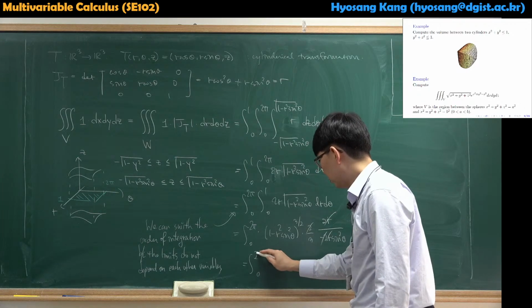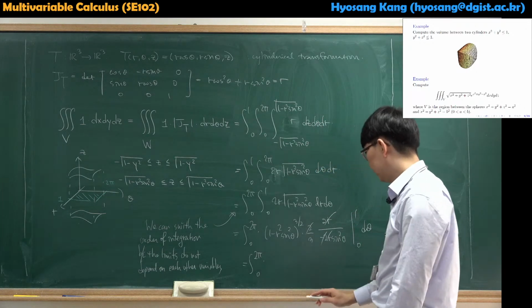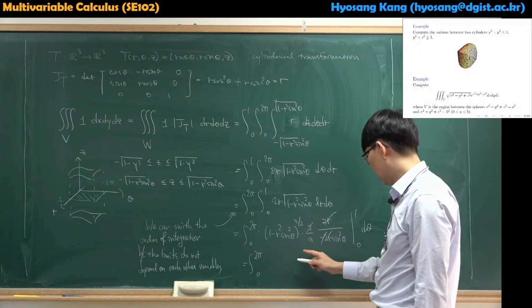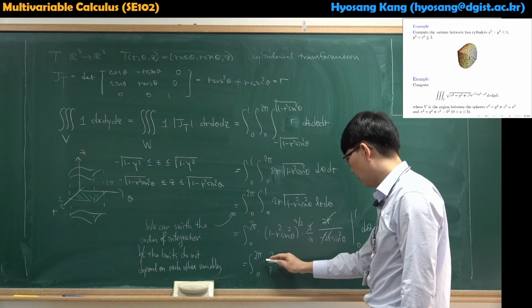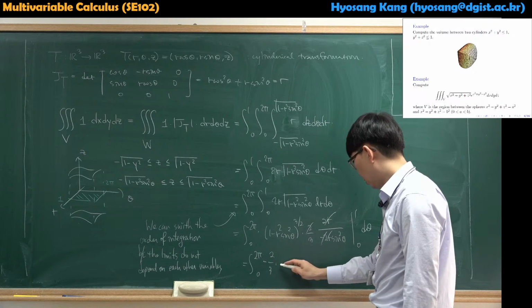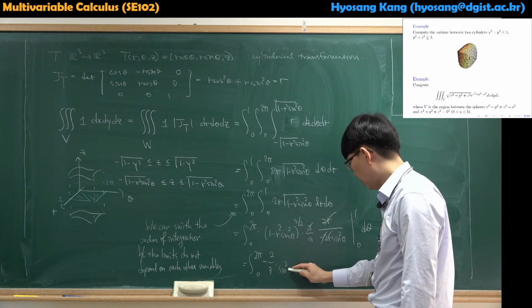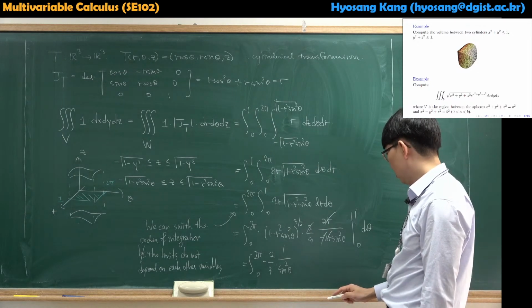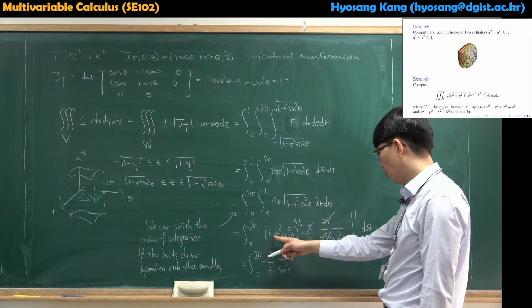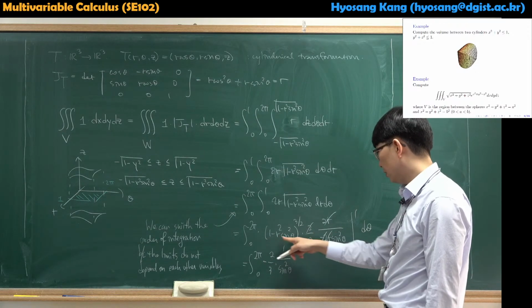So we get the integral from 0 to 2 pi of 2 over 3 minus 2 over 3 of sine square, and r becomes... if r is 1, then this is 0.